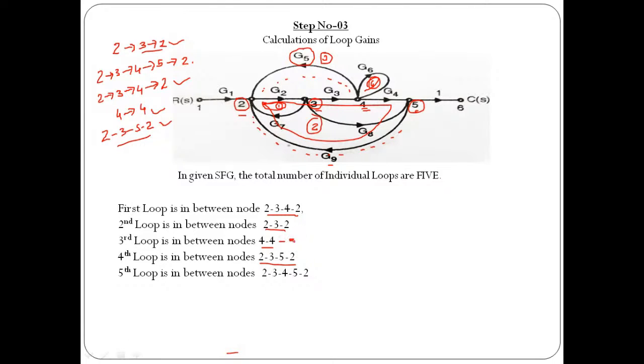So this will be your self loop, while the remaining 4 loops are non self loops. That is important.